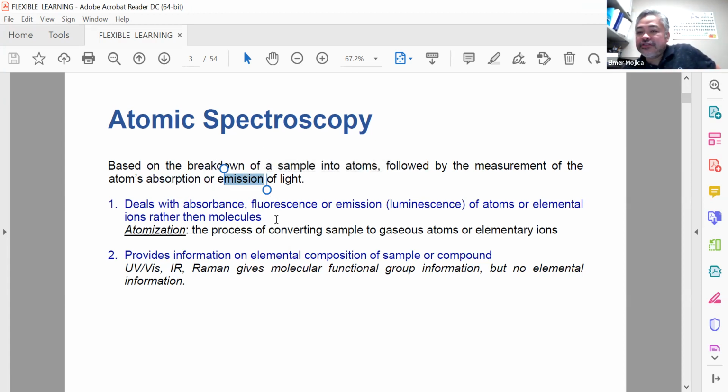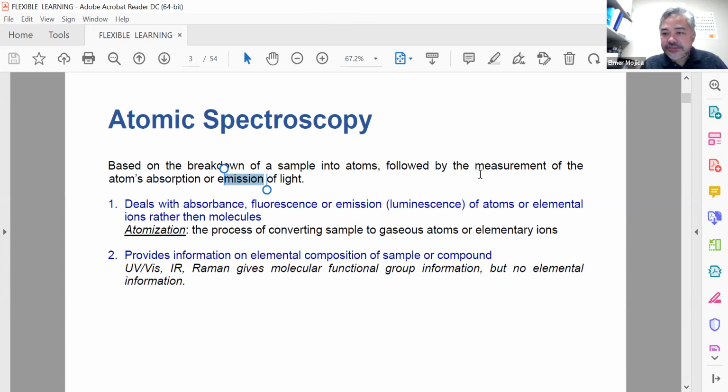Unlike UV-Vis, where the absorption and emission are by molecules, here it's mostly at the atomic level. So the atoms are excited when they absorb energy, and being in an unstable state, they will emit light back.